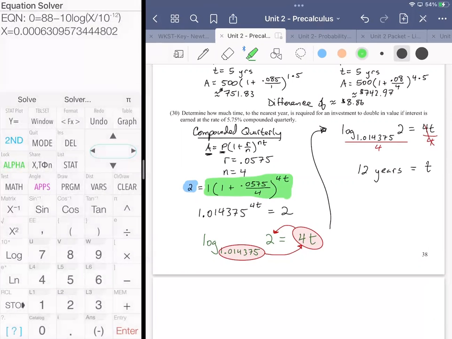On the TI, we'd use the equation solver. So on the TI solver, we would type in 0 equals 2 minus 1 parentheses 1 plus all that stuff.